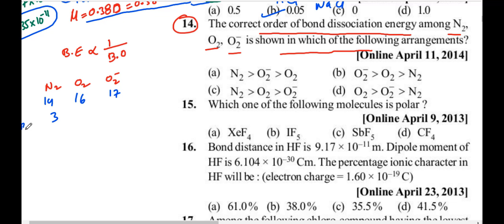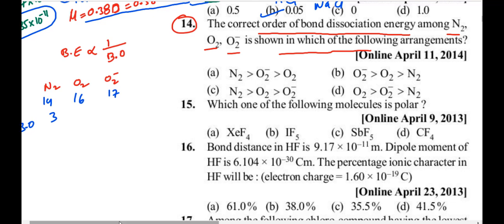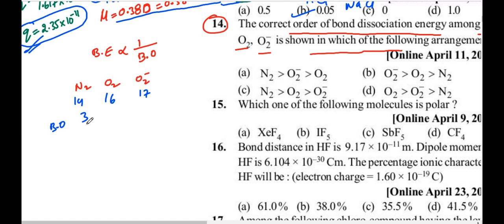Bond order is 3, here bond order is 2, here bond order is 1.5. See, from 14 onwards it will decrease. 15 is 2.5, 16 to 17 is 1.5, 18 is 1.